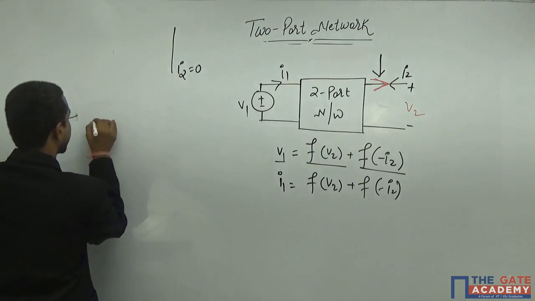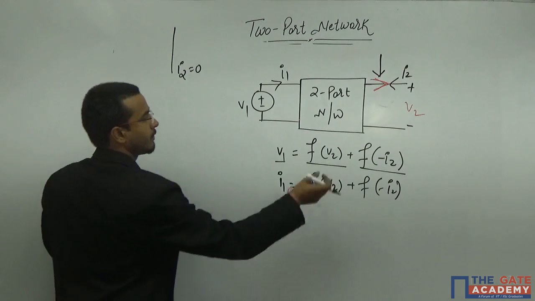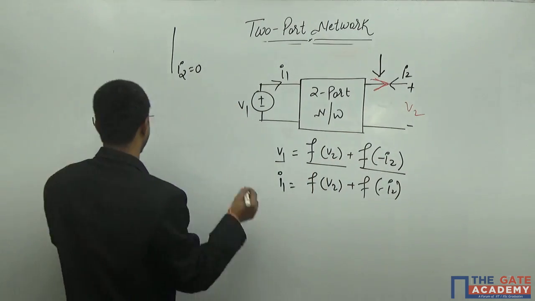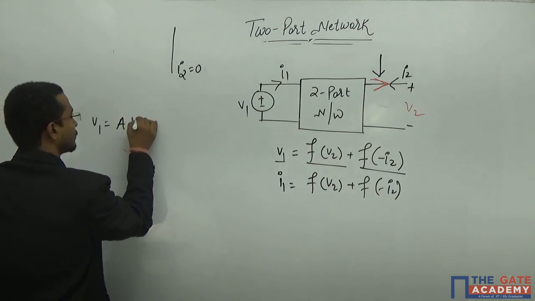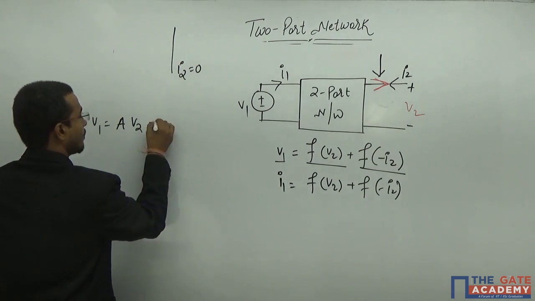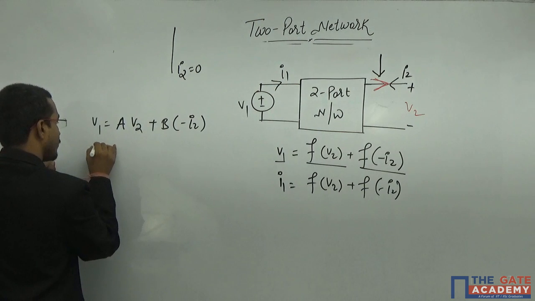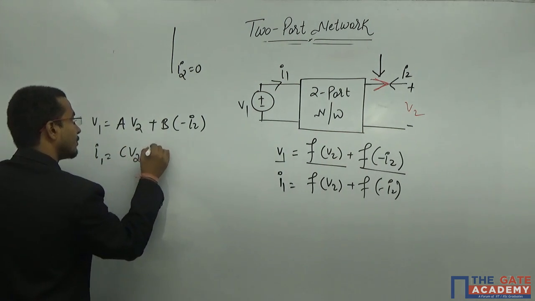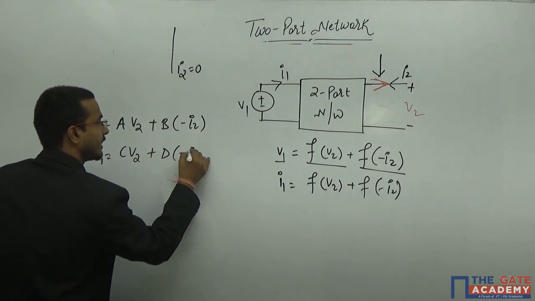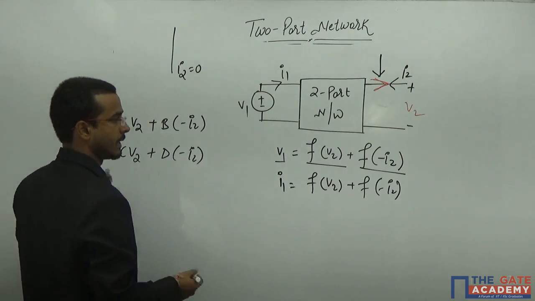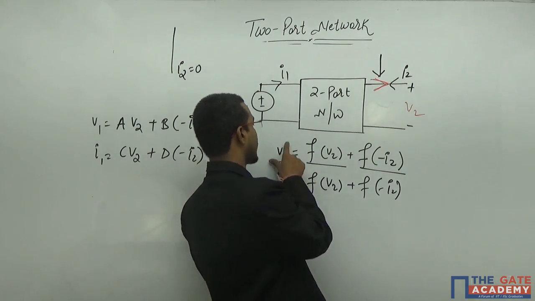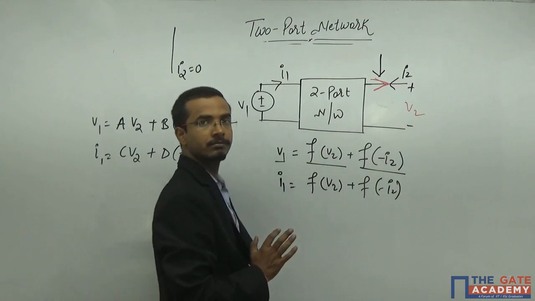That means V1 will be a function of V2 multiplied by some factor, which is known as A. V1 is equal to AV2 plus B of minus I2. I1 is equal to CV2 plus D of minus I2, because we are trying to estimate V1 as a function of V2 and minus I2.